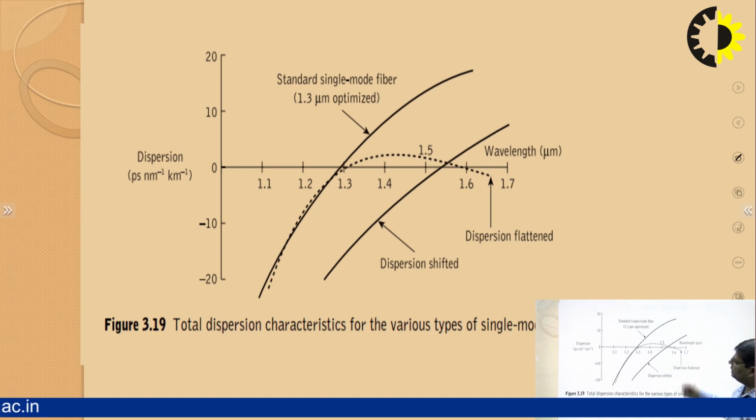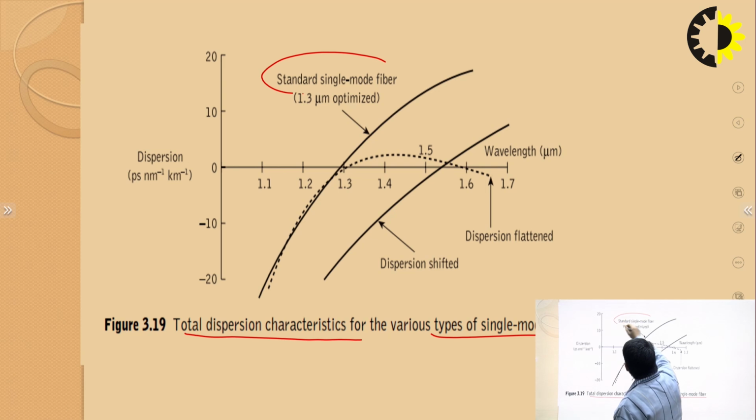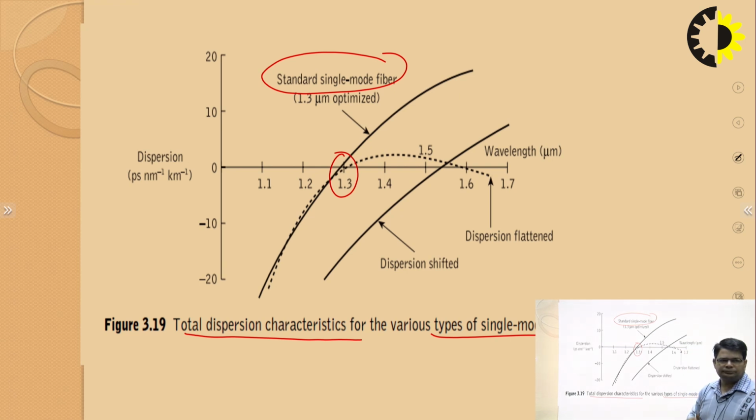So these are the total dispersion characteristics for various types of single mode fiber. As discussed previously, these are the characteristics corresponding to a standard single mode fiber, where we have a zero dispersion wavelength around 1.3 micrometer.